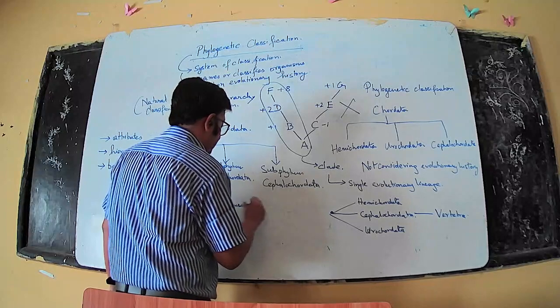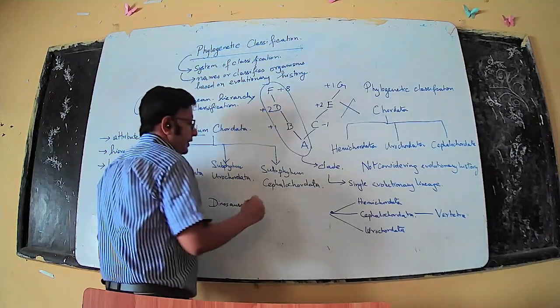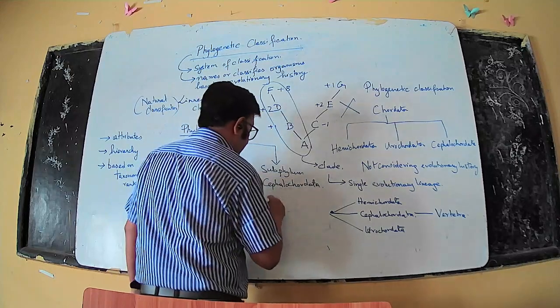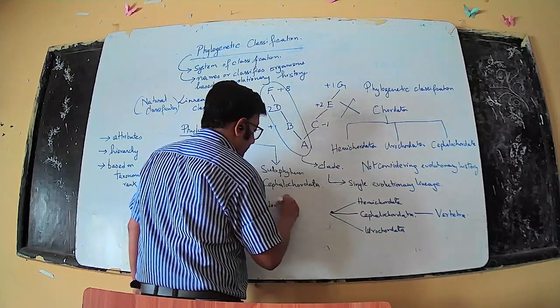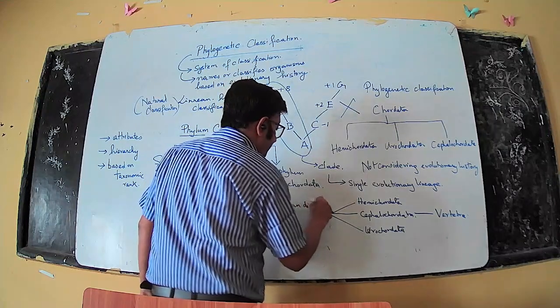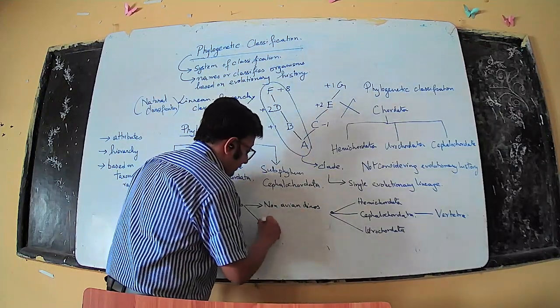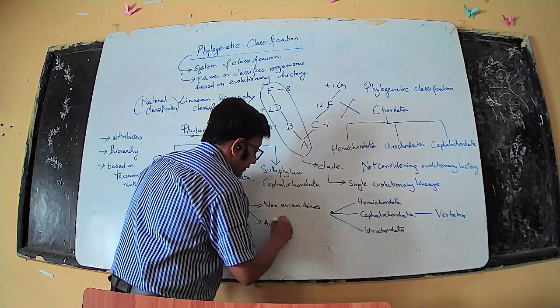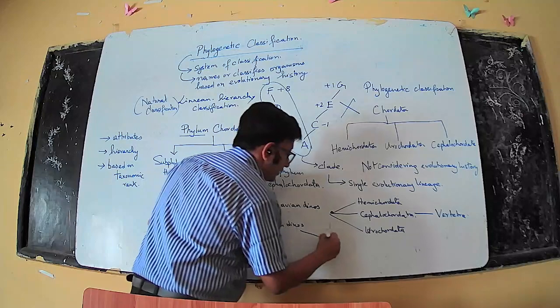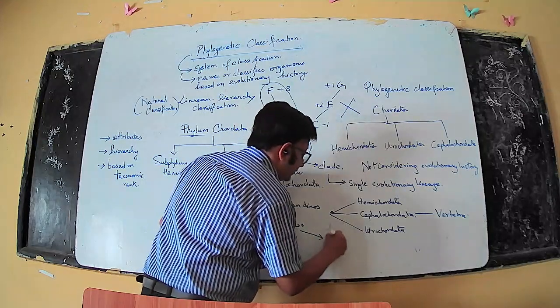From there you can divide them into non-avian dinosaurs, avian dinosaurs, and birds.